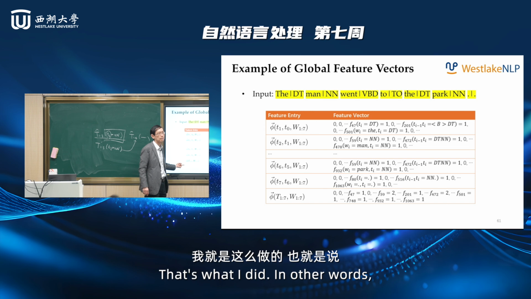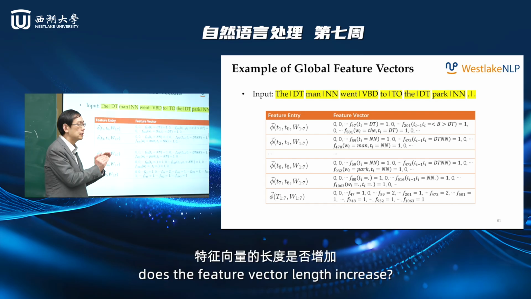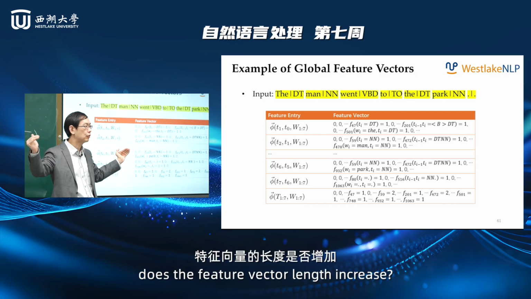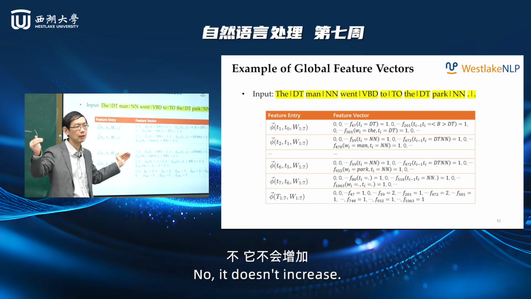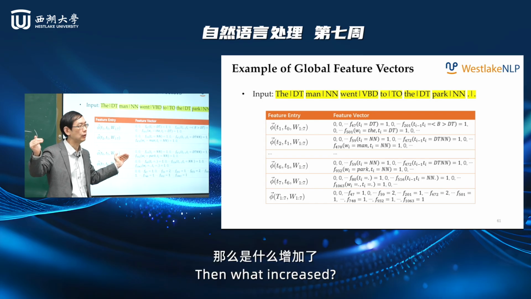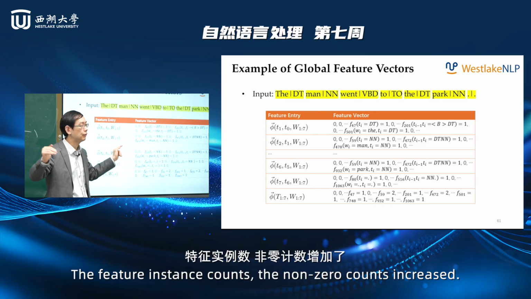That's what I did. In other words, does the feature vector length increase? No, it doesn't increase, right? Then what increased? The feature instance counts, the non-zero counts increased, right?